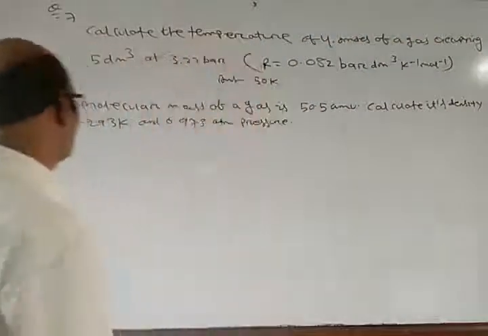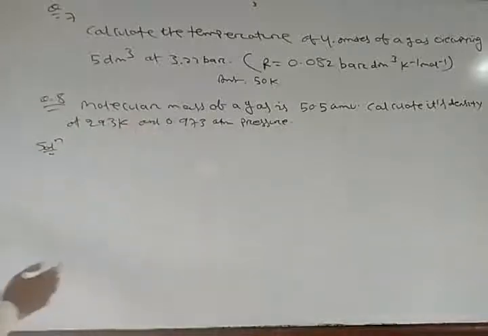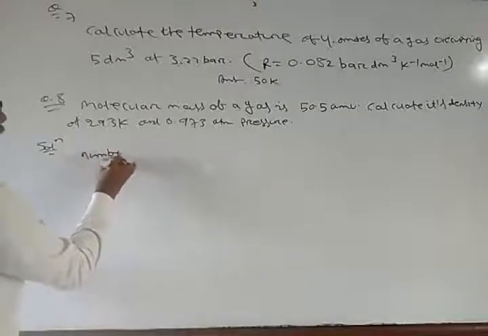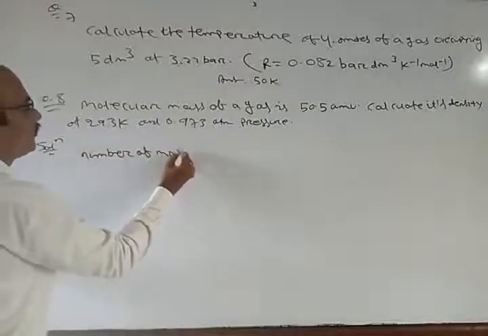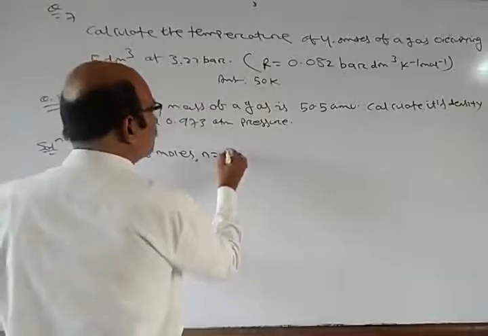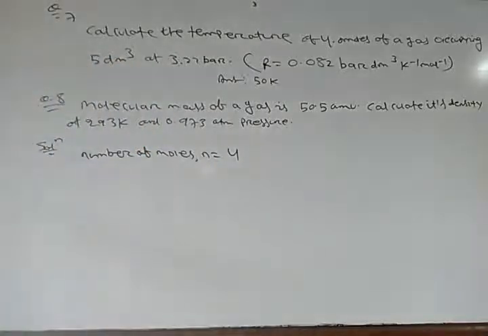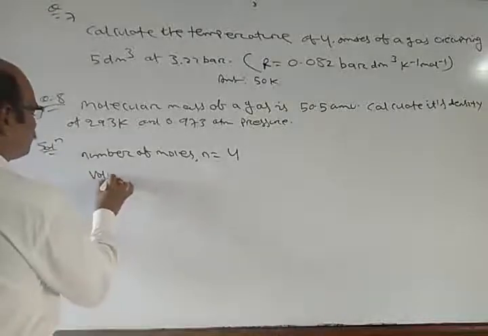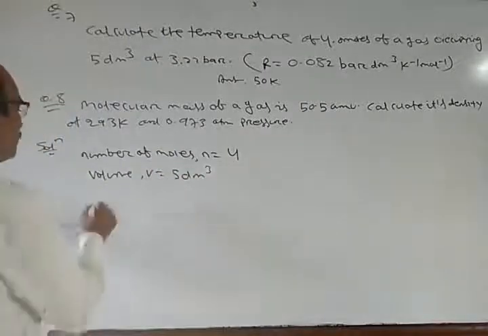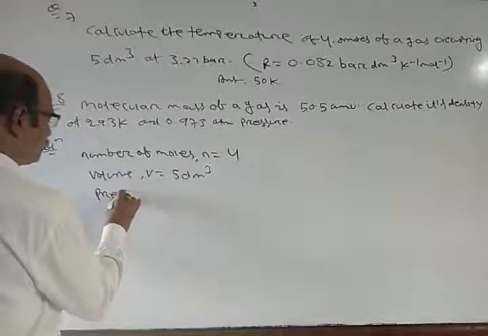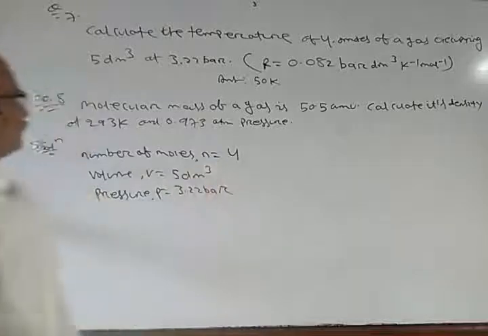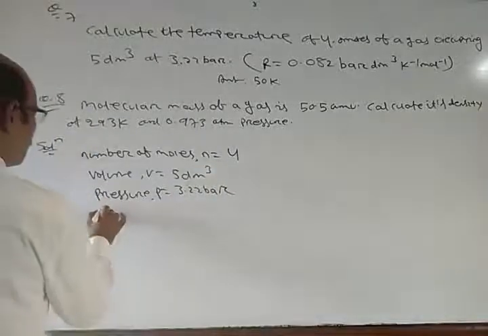That means your number of moles n equal to 4, occupying 5 decimeter cube, volume V equal to 5 decimeter cube, and 3.22 bar pressure, P equal to 3.22 bar. And temperature we have to calculate.